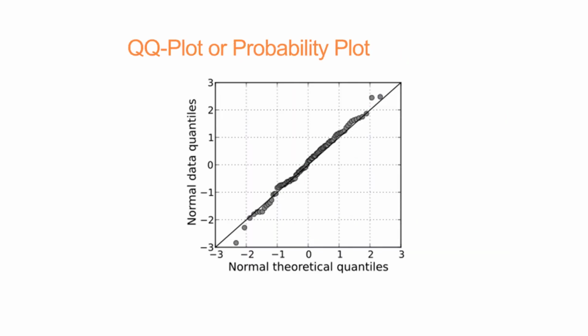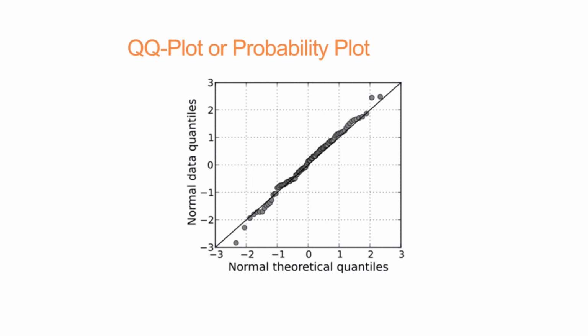QQ plots, or normal probability plots, are another plot which is commonly used to visually assess normality. The idea is that if the data are exactly from a normal distribution, the points will fall exactly on the line.